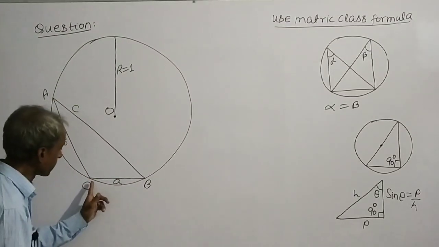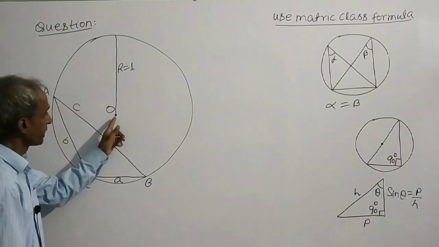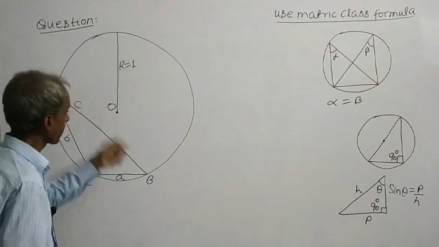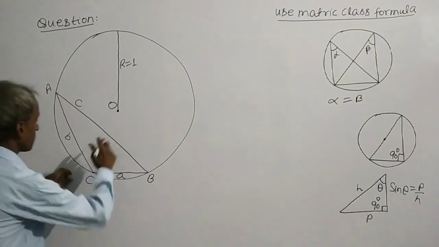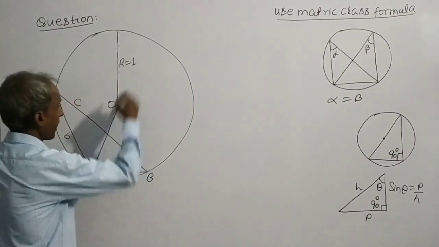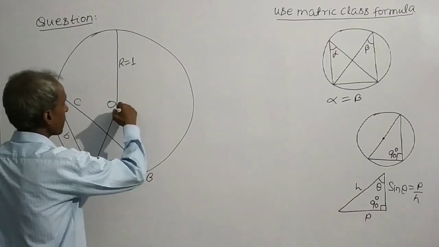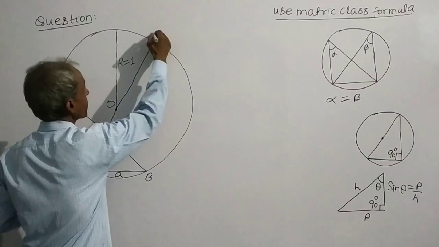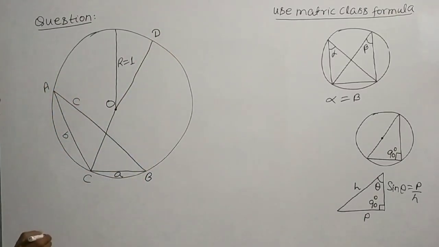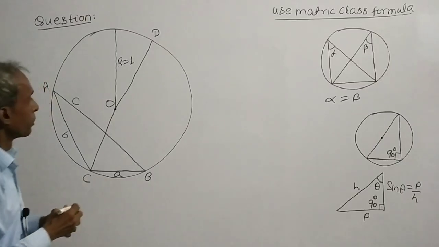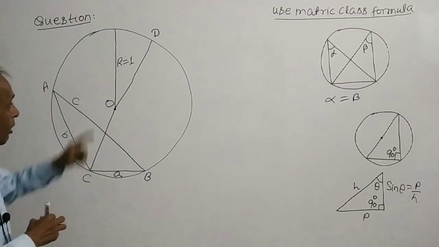We join this point C and this point O, which is the center of this circle, and extend this to meet the circumference at point D. Then this CD will be the diameter of this circle.